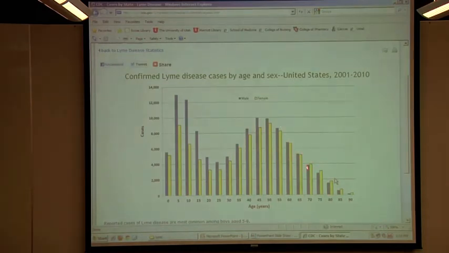Around 70, women start to kind of inch above men, and I wonder if that's because women live a little bit longer. I don't know. I think that's very interesting, though, to look at the data. Men are more prone to getting Lyme disease, and I guess maybe they're more prone to go out in the woods and go through bushes, hunting or whatever they do. But then up here, around 75, 70, women start to kind of inch above them a little bit.